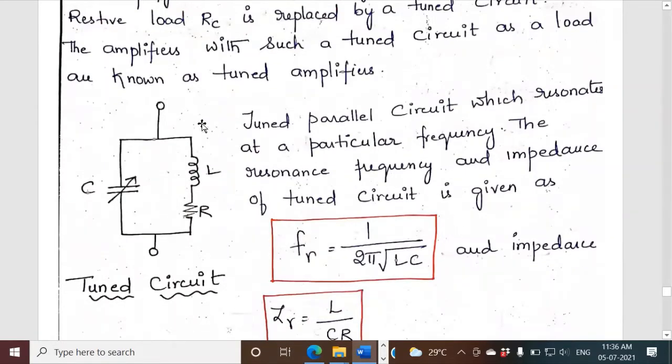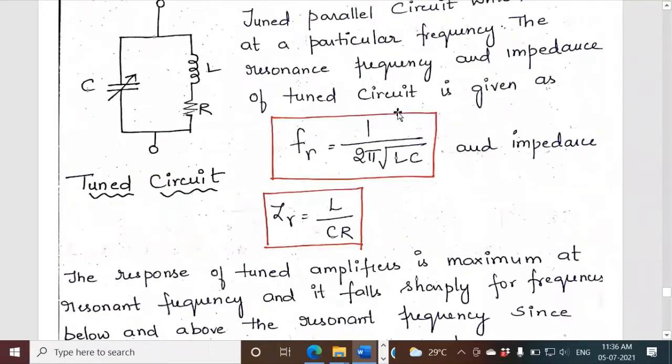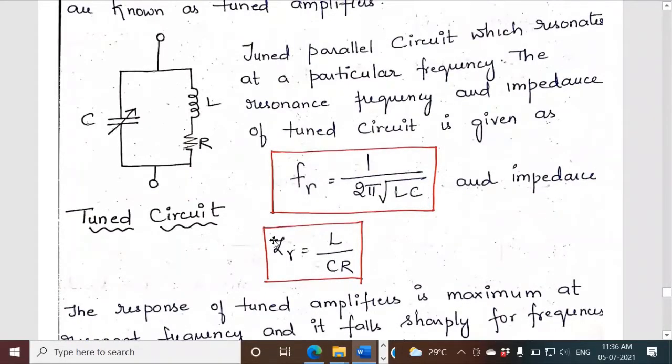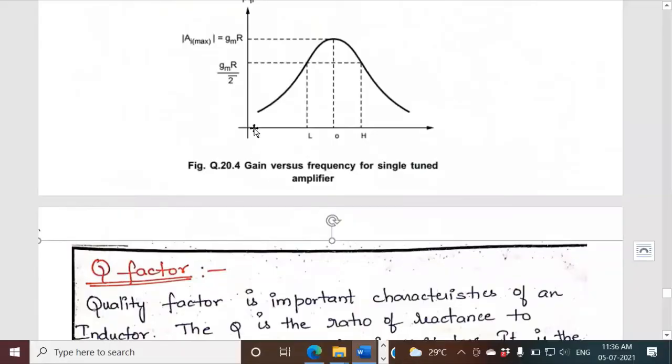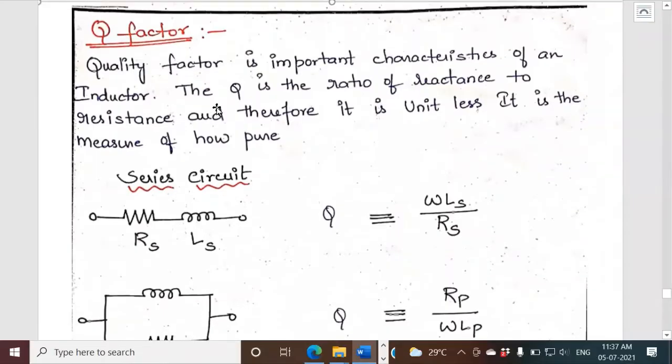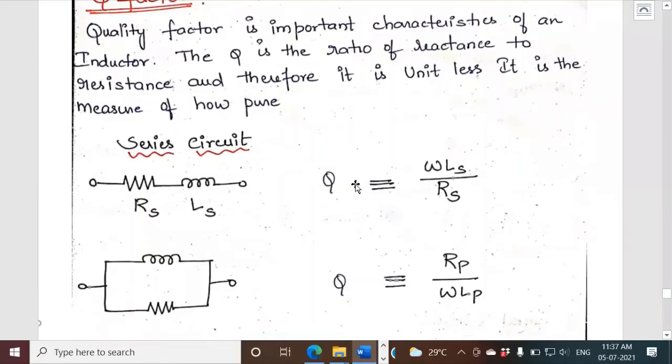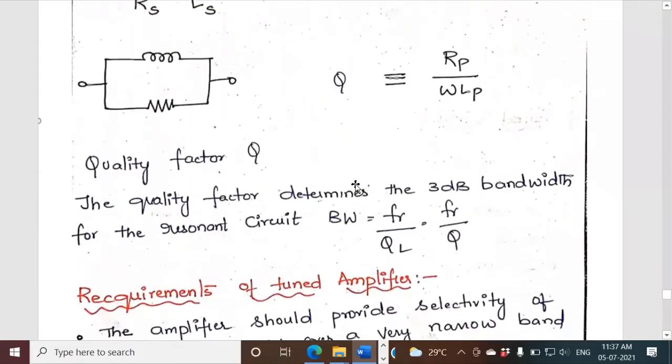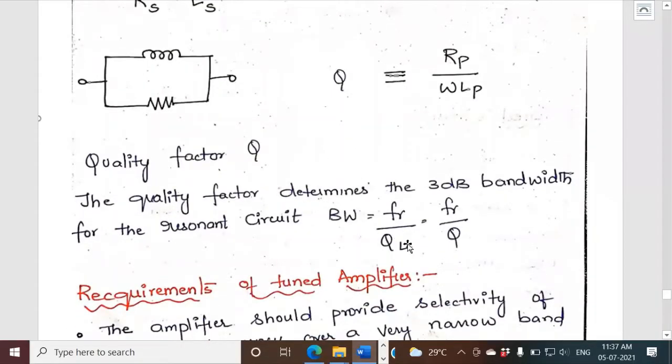We started with the inductor-capacitor parallel combination, representing the internal resistance of the inductor by R. Then we discussed the equivalent impedance, and that due to resonance we get this characteristic. We discussed the quality factor definition and its expressions for series and parallel, and another definition in terms of bandwidth.